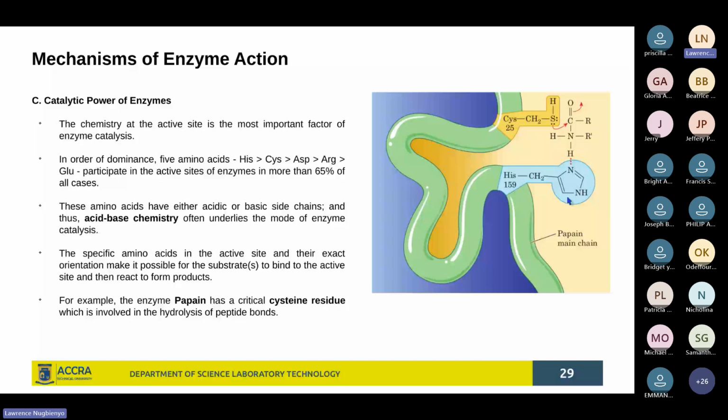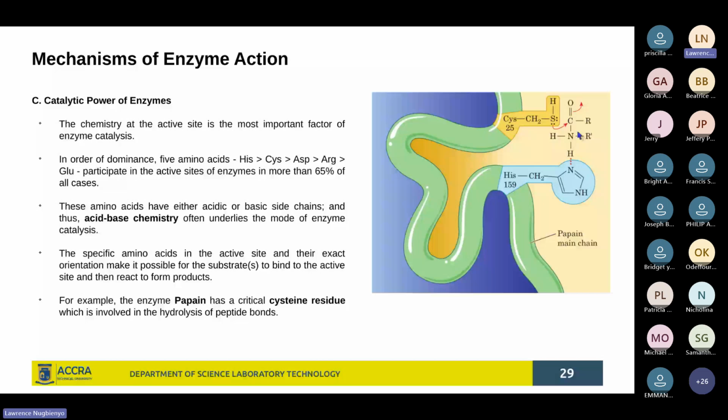And you also see the lone pair electrons on the sulfur present in cysteine having a nucleophilic attack on the carbonyl part of the peptide bond, and in the end will cause the breakage.